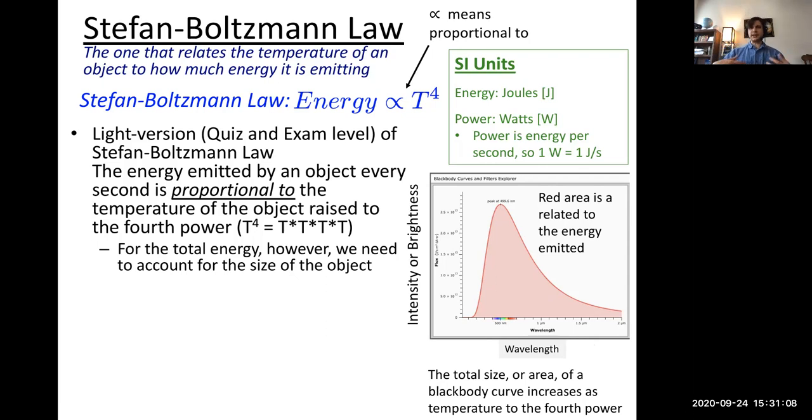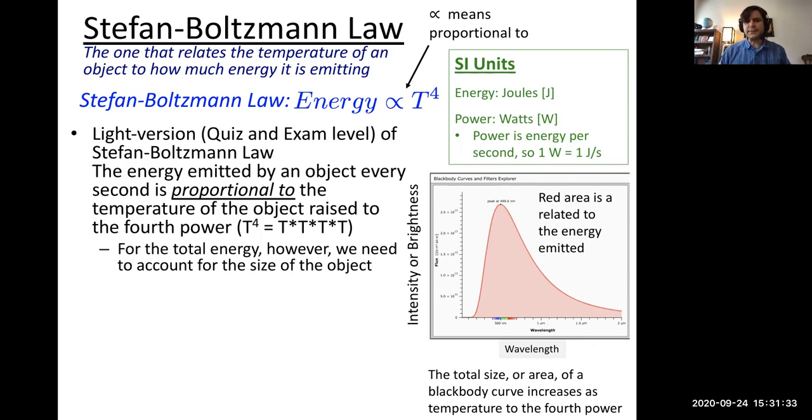So we are adding up all the light that something is giving off. Light has energy, so really we're just adding up all the energy an object is emitting. And that's what we're working with in Stefan Boltzmann's law: how much area is there under this curve? For a given temperature, how much energy is something emitting?